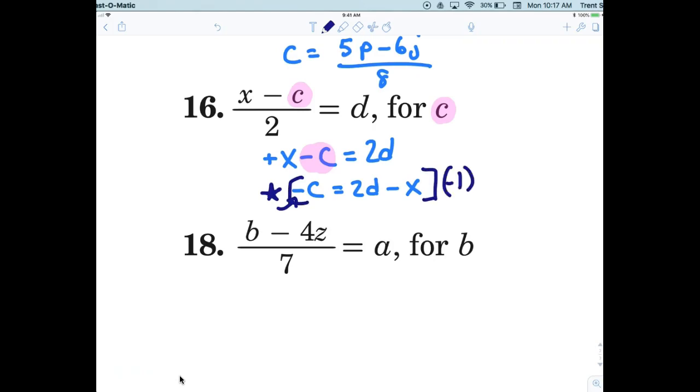When you multiply everything through by -1, that just changes the signs. So I end up with c equals -2d plus x. Everybody good with that?